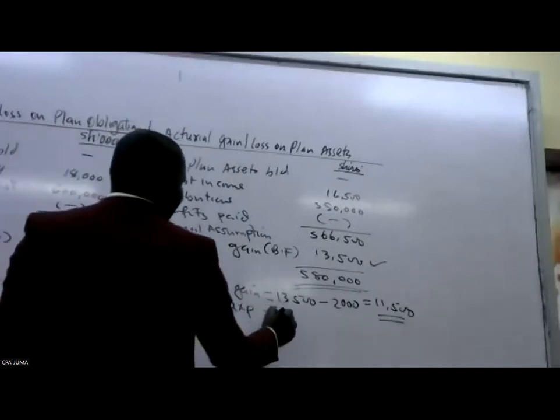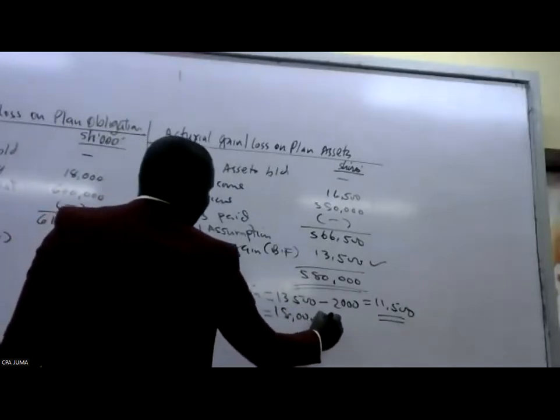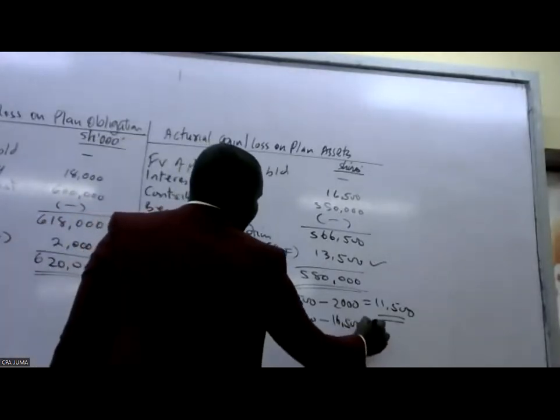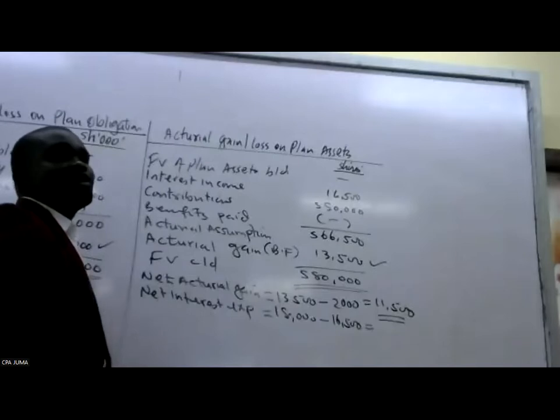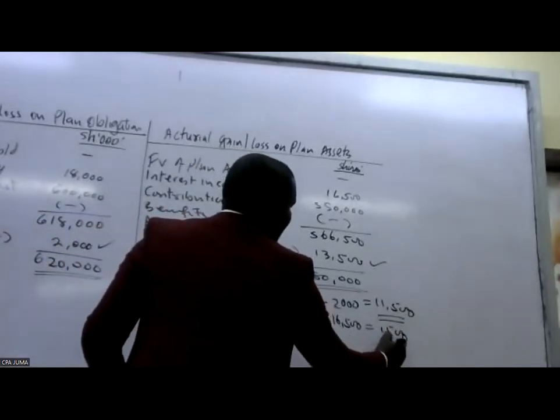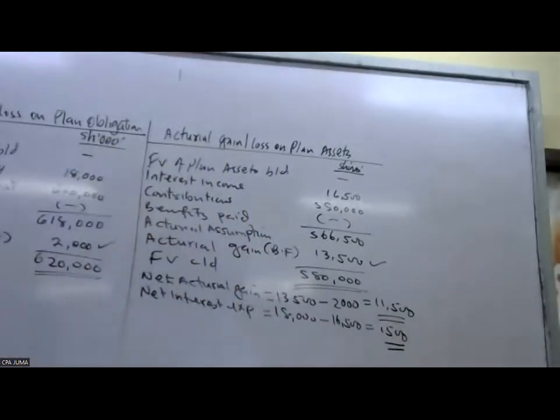We had an expense of 18, but we had an income on interest of 16,500. So we are talking of net interest of 1,500. Good.